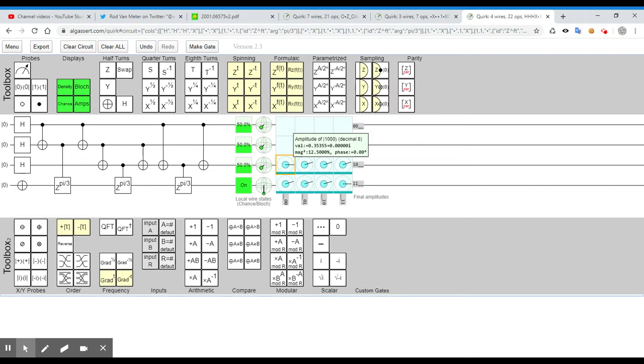So 0, 0, 0, 0, there's no cat in here, so there's no rotation. There's 1 cat in here, so there's a phase rotation of 16.99 degrees, which I'm assuming is pi divided by 3. Here also 1 cat, here also 1 cat, 1 cat, 1 cat.